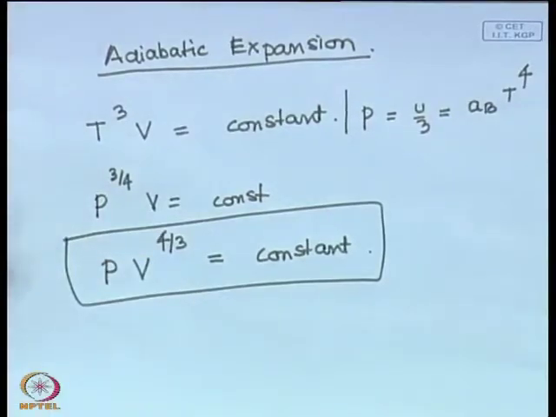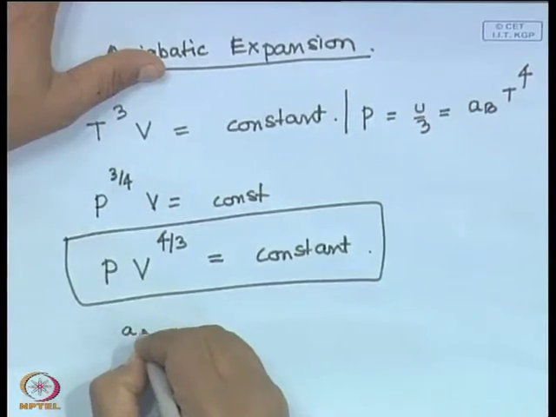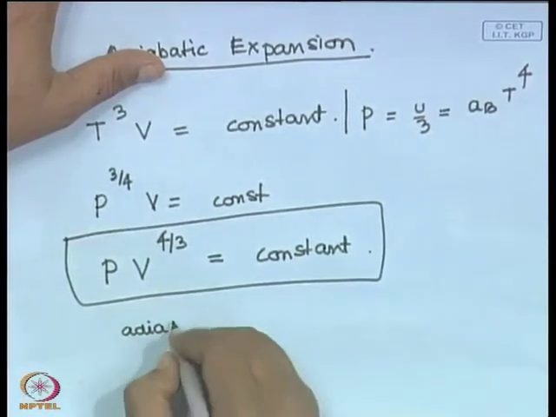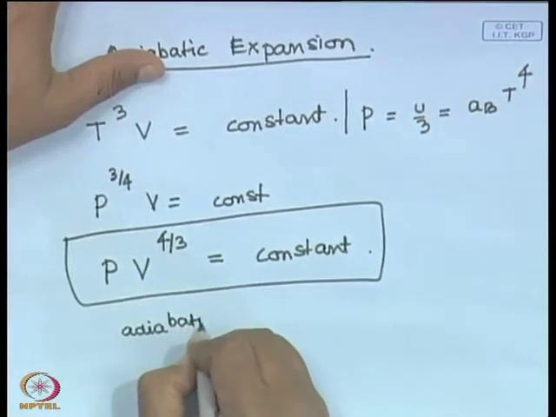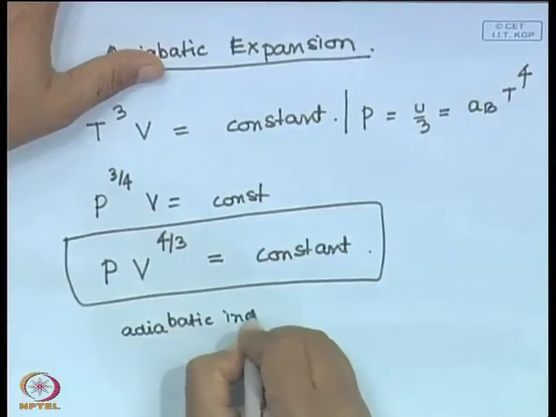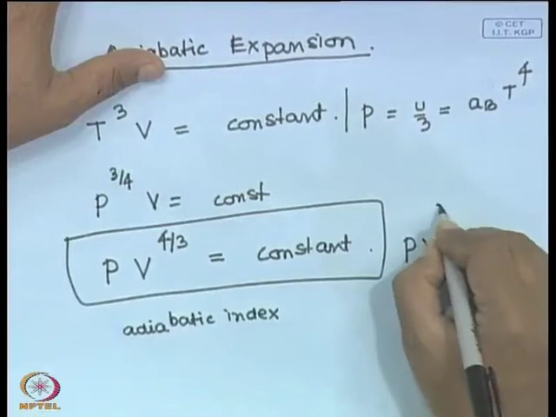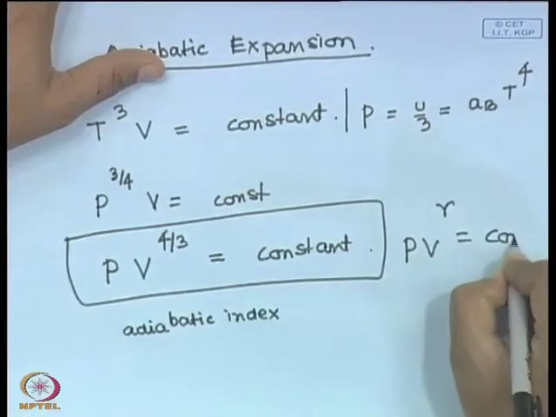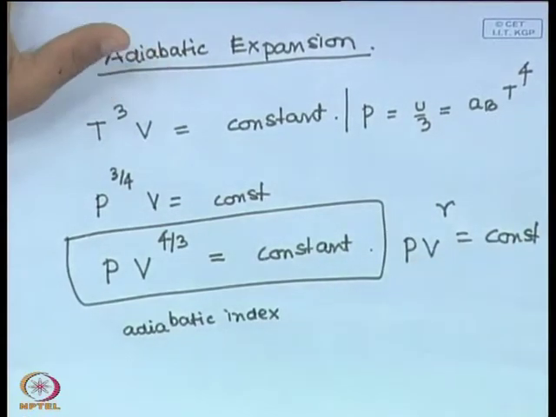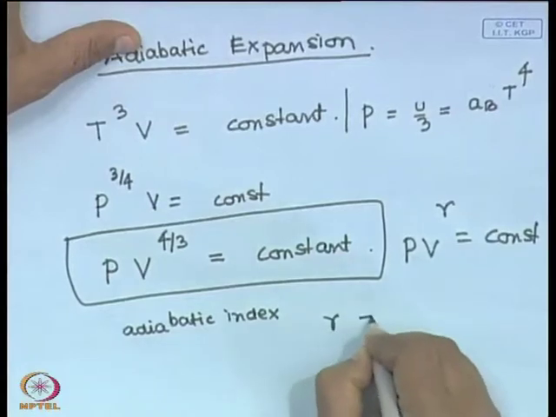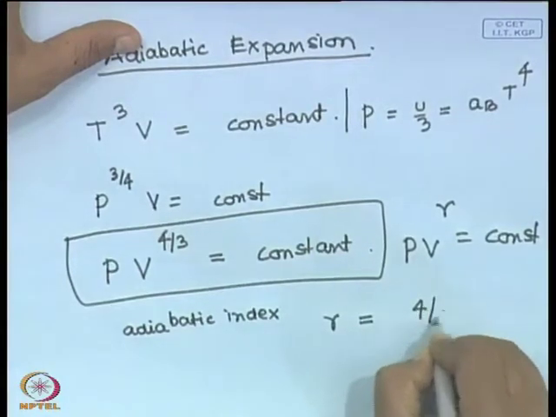Now, we have something called the adiabatic index, which you have possibly encountered. P V to the power gamma is a constant. So, here the adiabatic index gamma is 4/3.